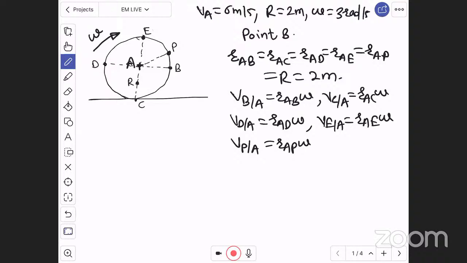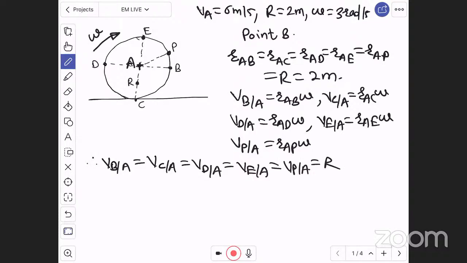These components will be the same in magnitude. Therefore, velocity of B with respect to A is equal to velocity of C, D, E and P with respect to A, which is radius of wheel into omega, because RAB, RAC, RAD, RAE and RAP are all equal to the radius of wheel, 2 meter.